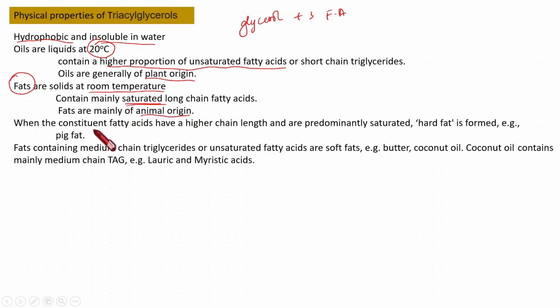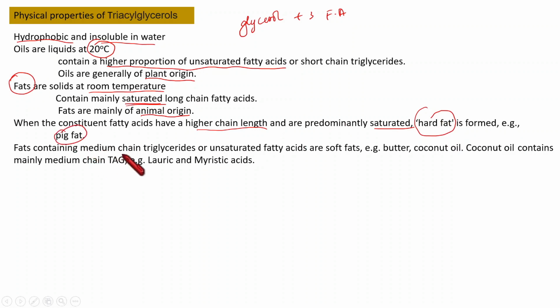These points are again explained here. When the constituent fatty acids in triacylglycerols have a higher chain length and are mainly saturated, that can increase the hardness. Why? It can have more tight packing. Such fats are called hard fats. Example: pig fat.